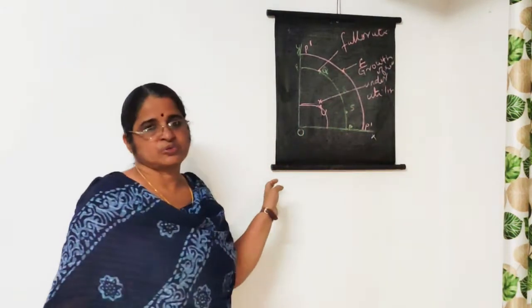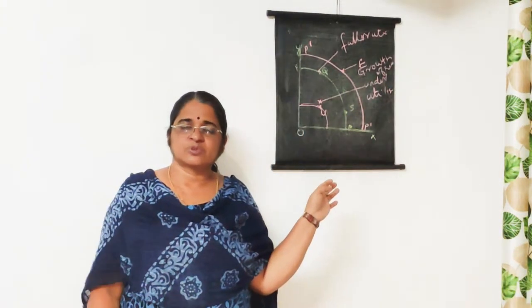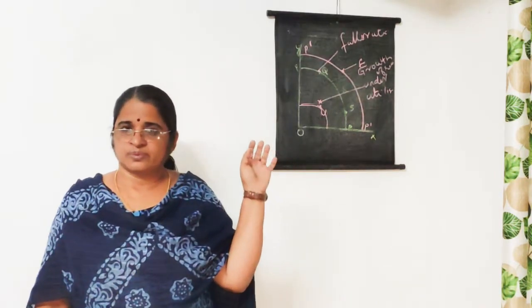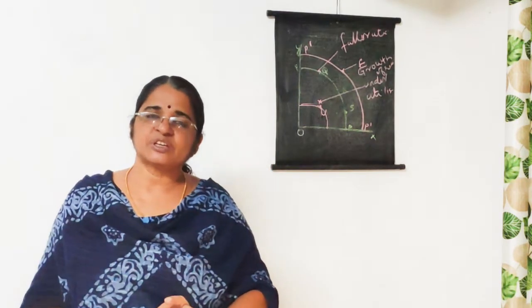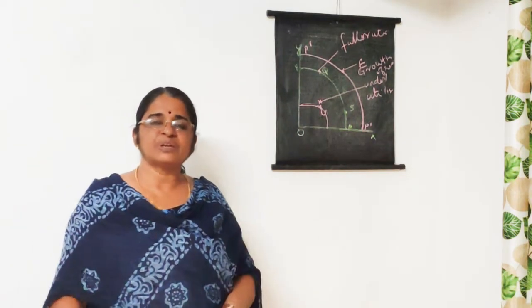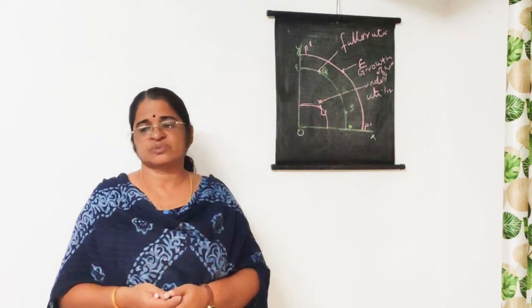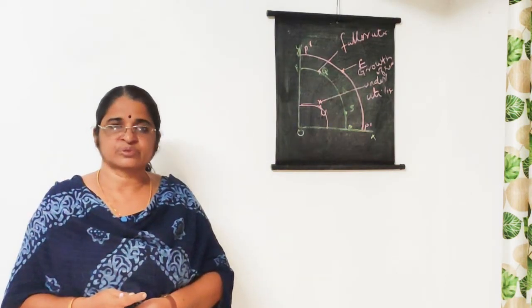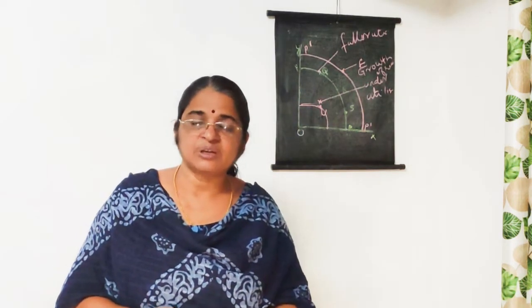So, the production possibility curve shows the different combinations of two goods that can be produced with the available resources.